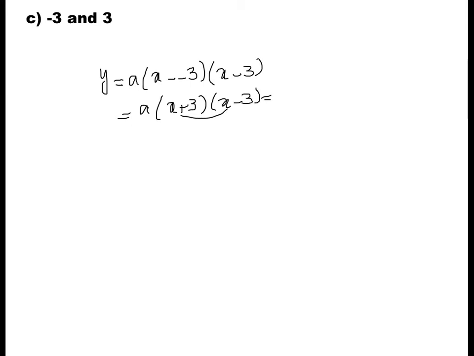If we expand these two brackets, I'm going to get a times x squared minus 9. Again, this represents a family of parabolas going through the points 3 and -3, but to specify a unique family member, I have to have another point to find the value of a.